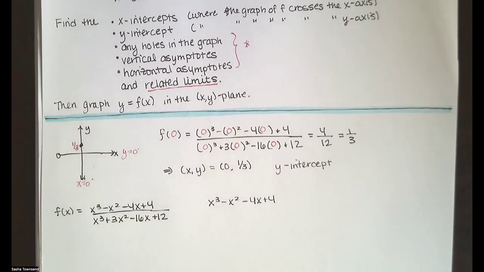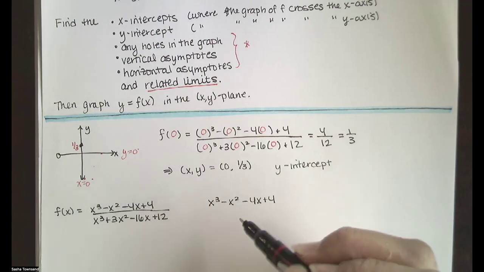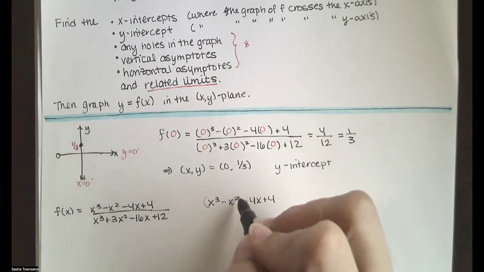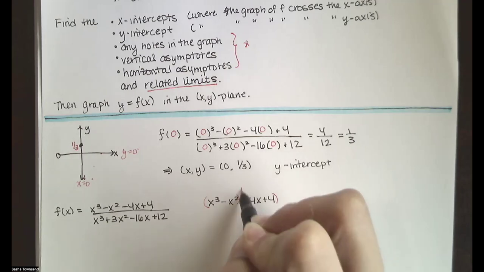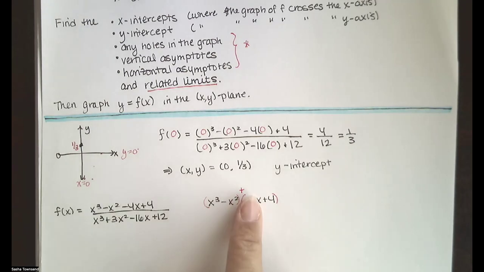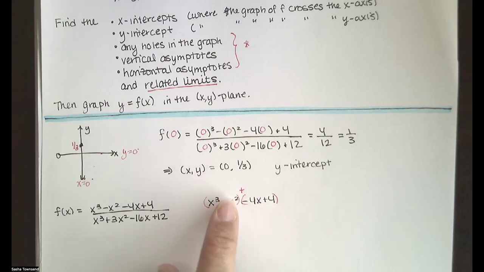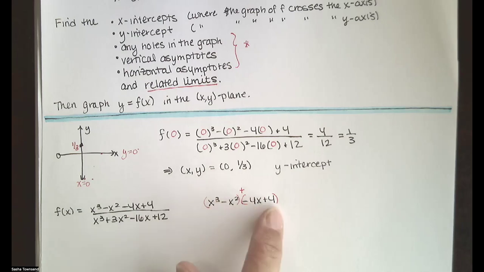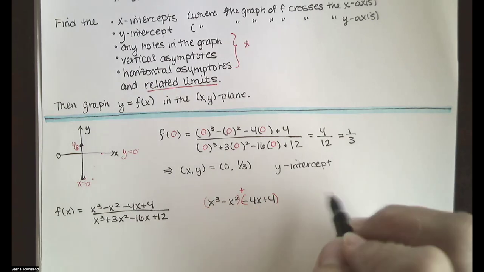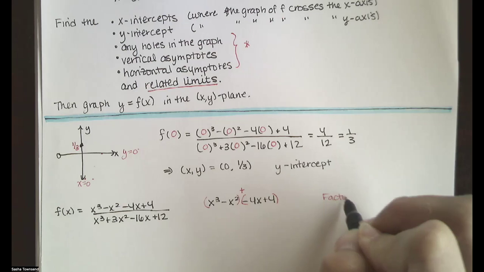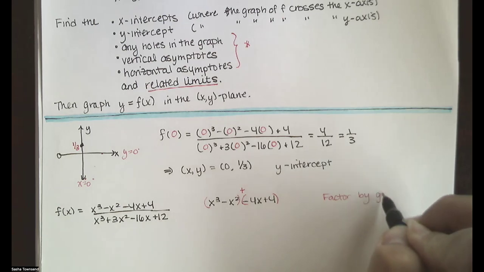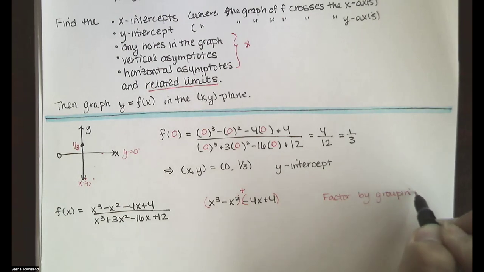If I've got a polynomial with 4 terms, I often group the first 2 and the second 2, and put a plus sign in between just to remind myself that I'm not multiplying them, I'm adding them. Then I ask, can I factor this group and this group separately? This is called factoring by grouping. If you can, we do that.